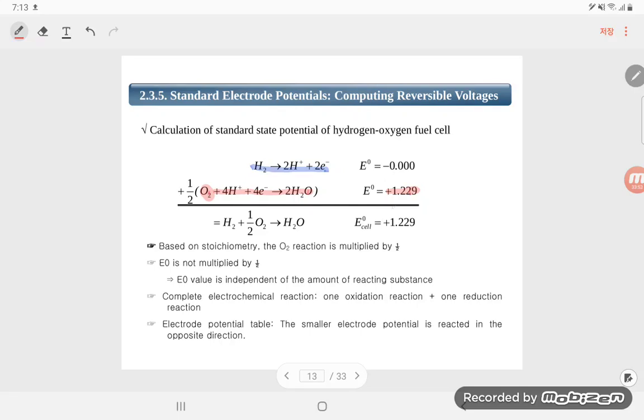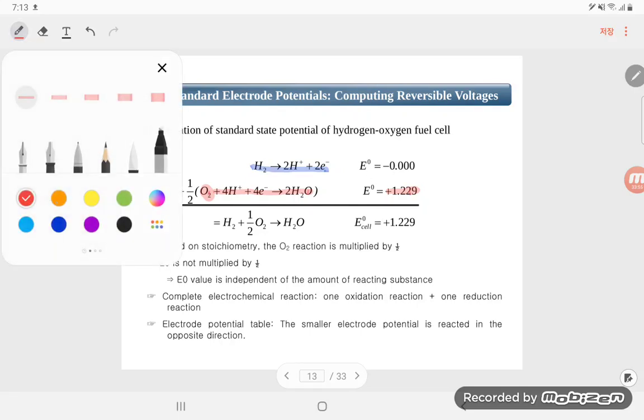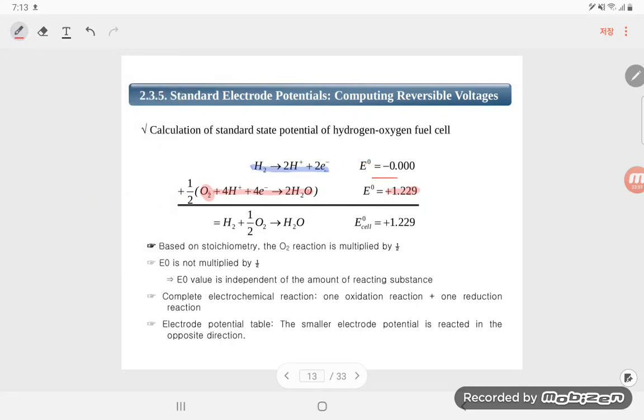So we can get the sum. If we sum up these two half reactions, then we can get the full cell reaction, the full fuel cell voltage. So based on the stoichiometry, we wrote the 1/2 in here, but in here E0 is not multiplied by this value.